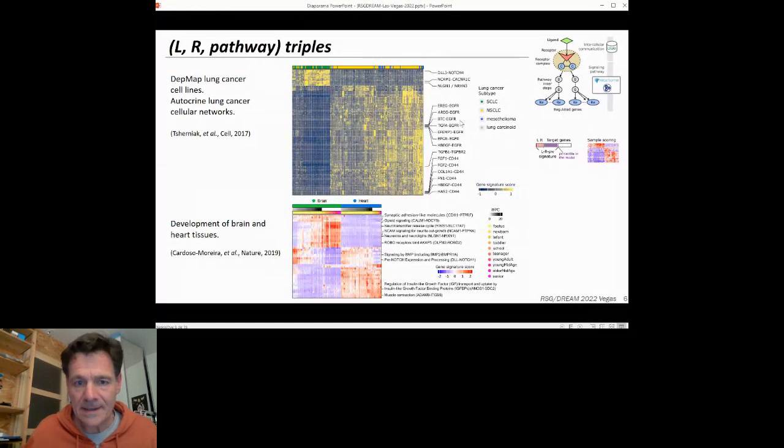But what is interesting is also because we essentially work with those triples, a ligand, a receptor, and a pathway downstream of the receptor, you can also reduce the information at the pathway level first, basically like you would do GO-term enrichment or gene set enrichment analysis. And this we exemplify with those transcriptomes monitoring the development of different tissues from the embryo to the adult.